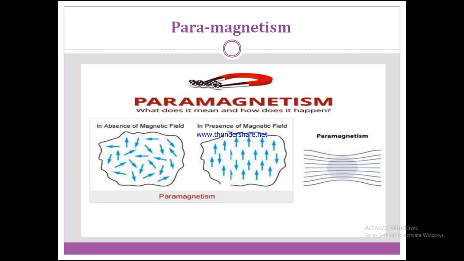The next classification is paramagnetism. Now, how does paramagnetism work with the effect of the magnetic field, that is H?